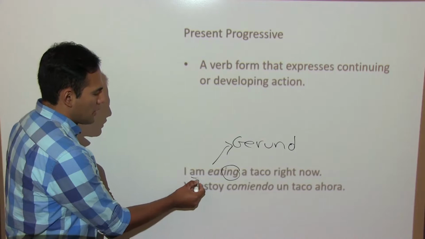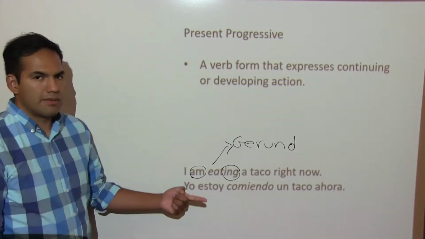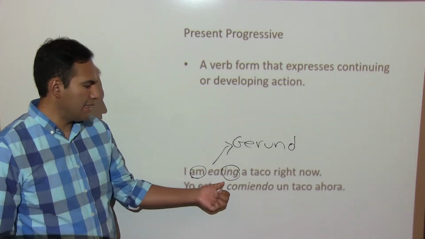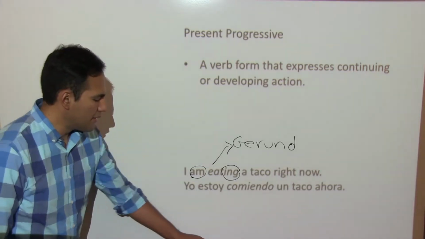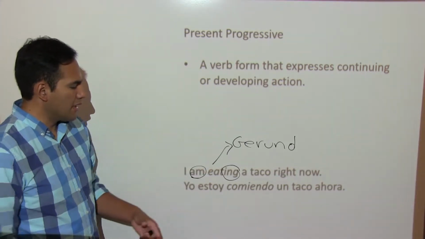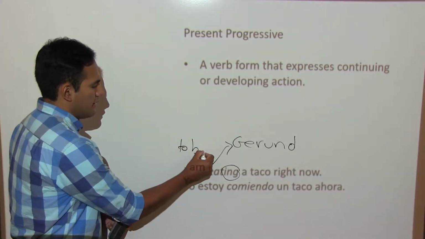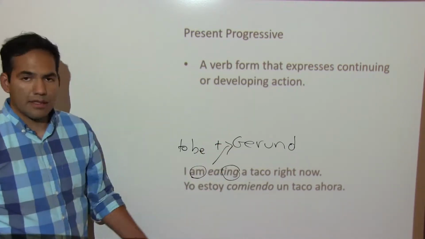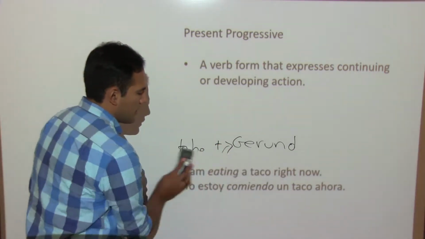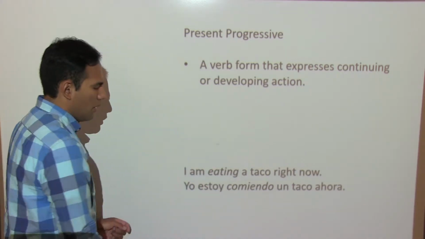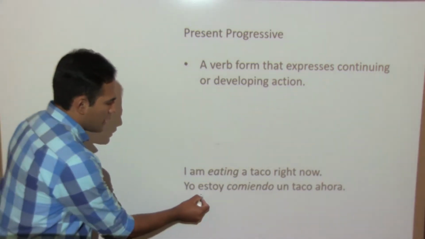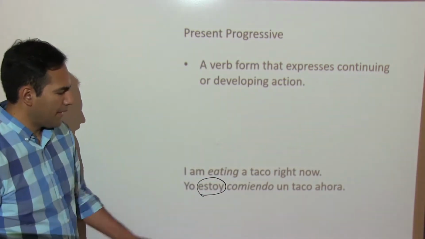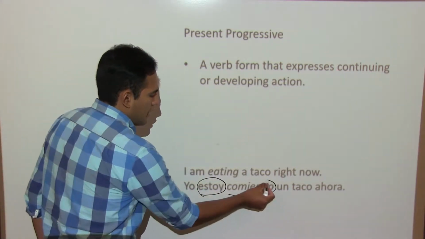And another component is the verb to be. In this case, I am eating a taco right now. So the same way that English needs the verb to be plus the gerund to make it work, Spanish is also going to use those two components. In this case, we're going to use the verb estar and the gerund of the verb.